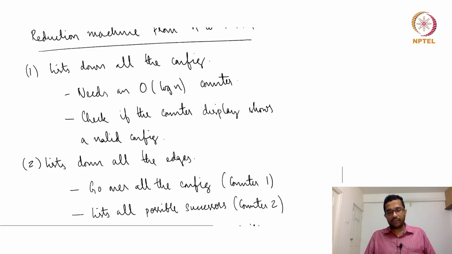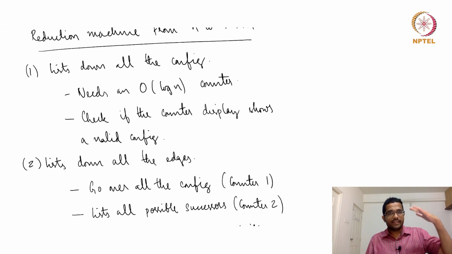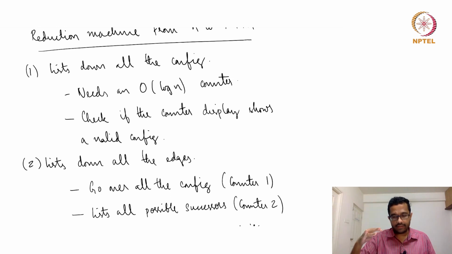So what we are going to do is write down the configuration graph followed by S and T. S and T are easy to write down in the output tape. So how do we write down the configuration graph? We first list down all the vertices followed by all the edges. So we list down all the configurations.